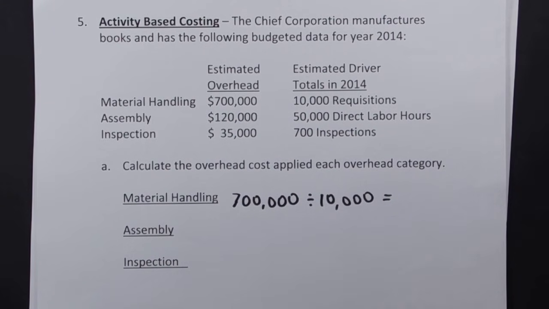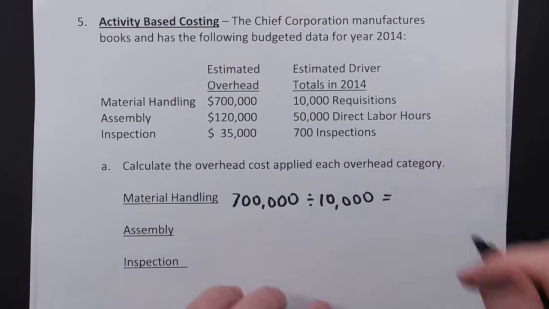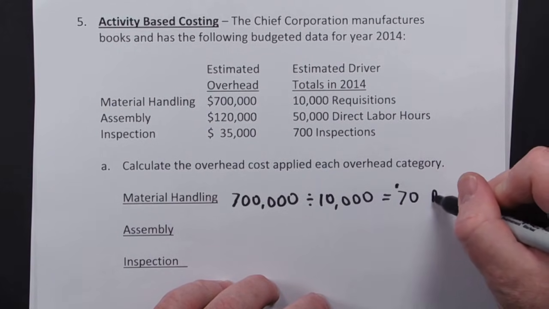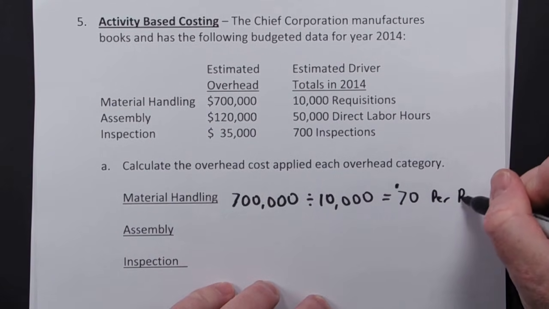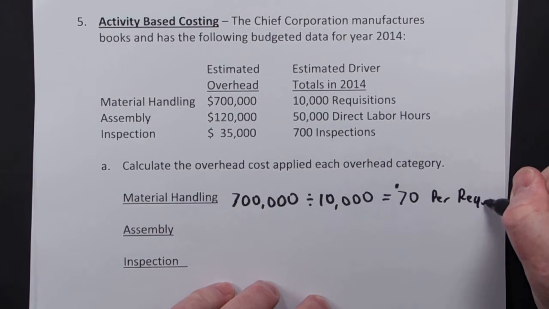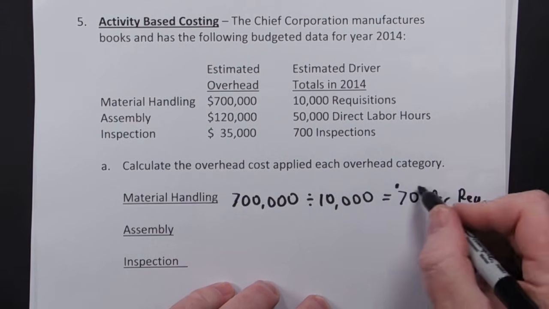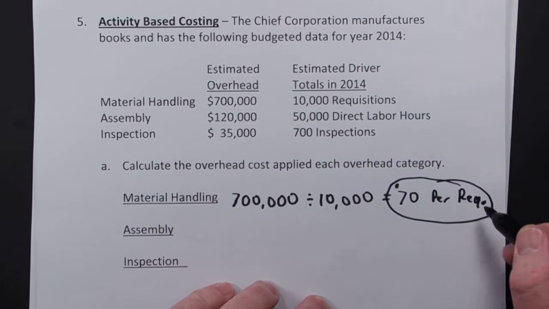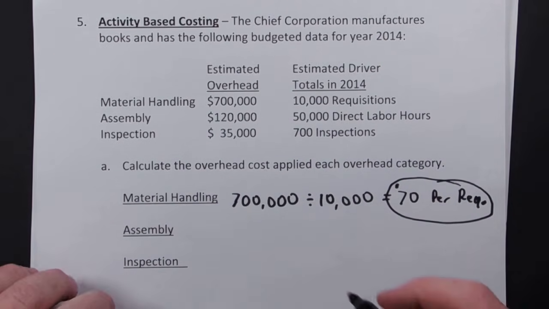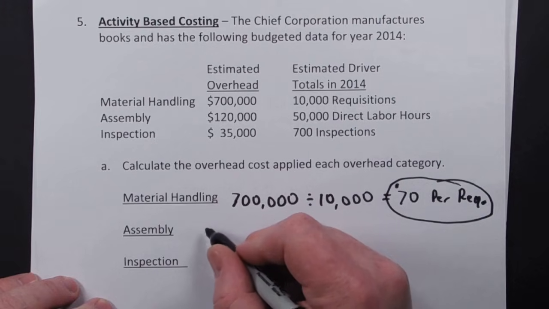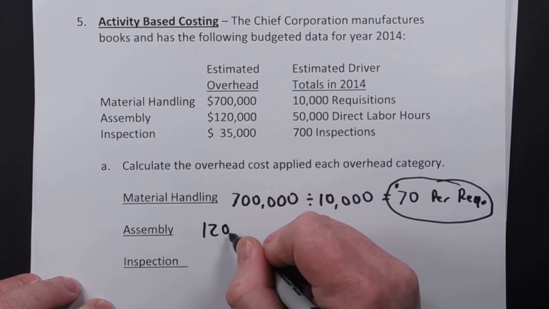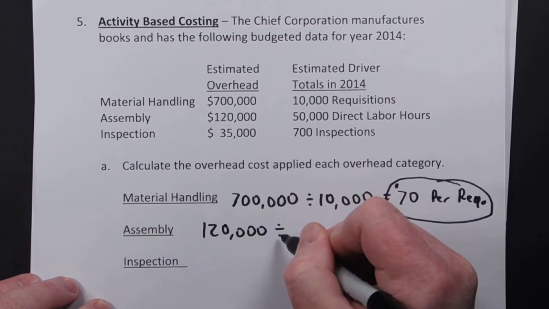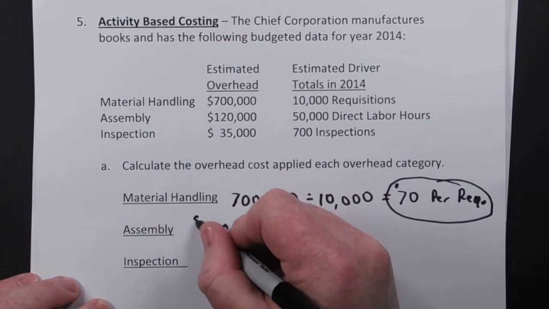So material handling, we're going to have $700,000 divided by 10,000 requisitions. Requisitions are just when someone requisitions materials, in other words, they're asking for materials. It's just the amount of materials that could come into a place. Okay, for assembly, we might have some overhead, and we're going to split that up based on direct labor hours.